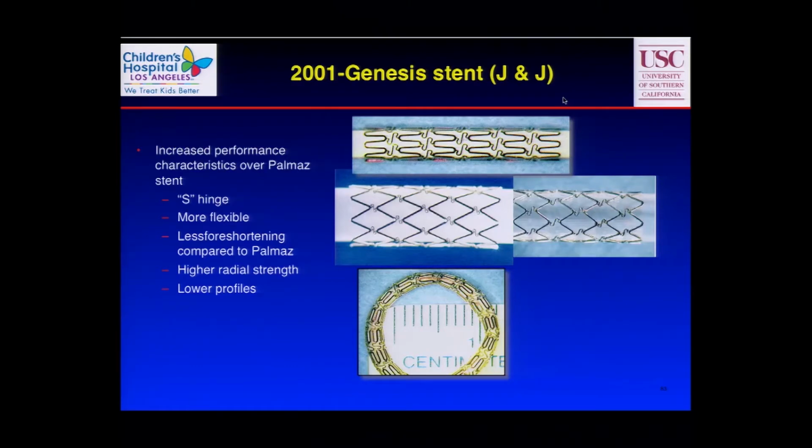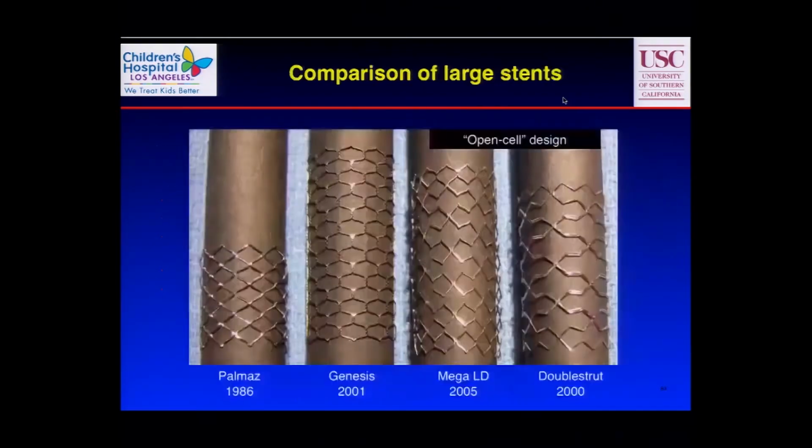It's again made out of stainless steel, laser cut. It's got these sigmoidal hinges, if you will, that make it flexible, with very rounded edges, very low profile, very flexible. And so now this is the current era standard for stenting at this point. I think this is a much better stent than the CP stent for common use in the PA.